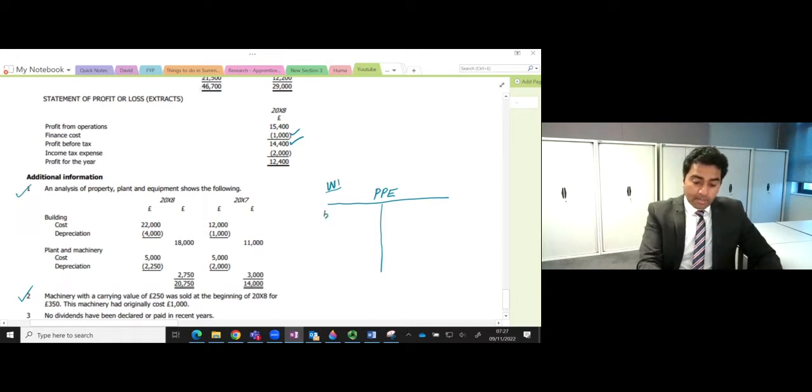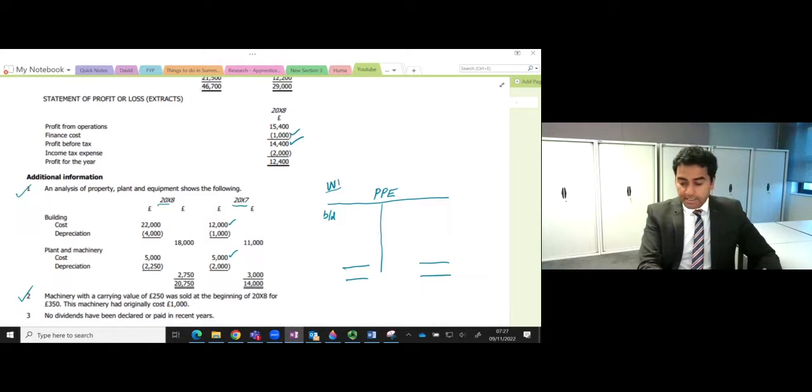Therefore, my opening balance, which is a brought down balance, will appear on the debit side. So 2007 and 2008. The opening balance of the building was 12,000, and the opening balance of the plant and machinery was £5,000.